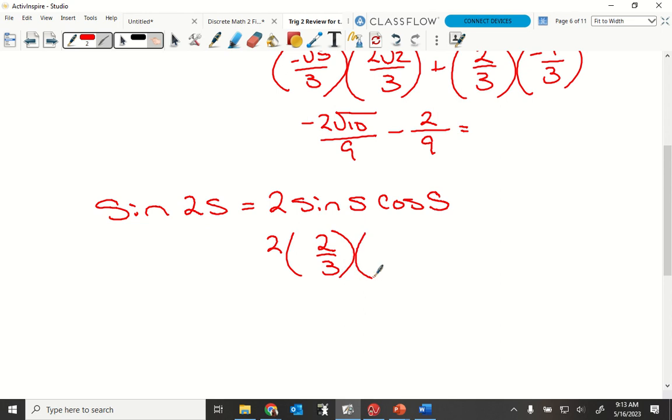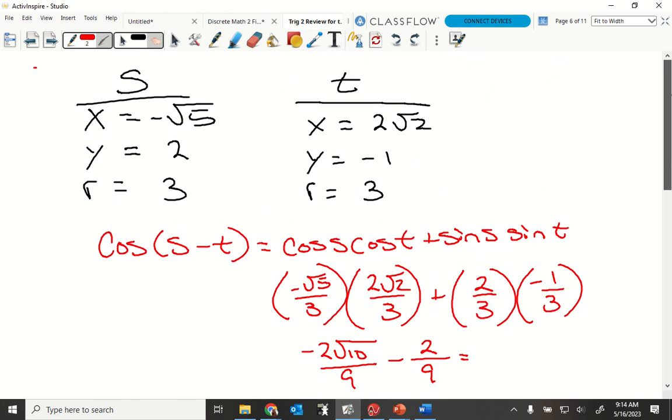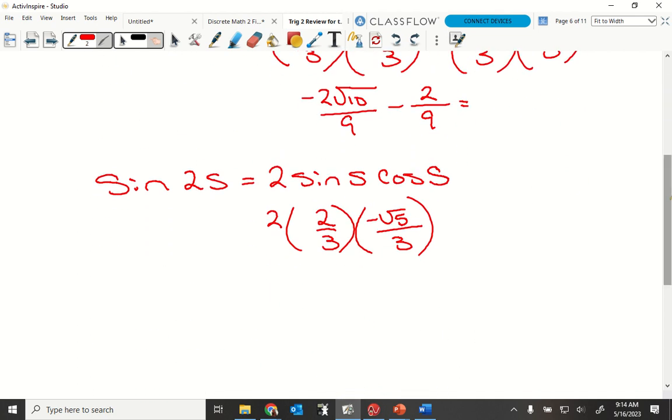Cosine s is negative rad 5 over 3. Hopefully, because I don't know what I'm doing right now. So 2 times 2 over 3 times negative rad 5 over 3. Plug them all in. Negative 4 rad 5 over 9.